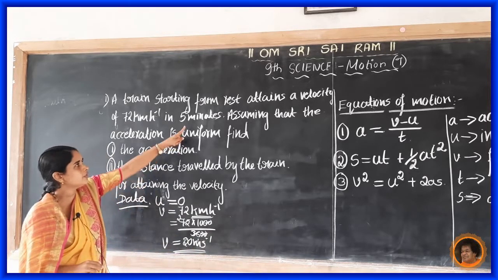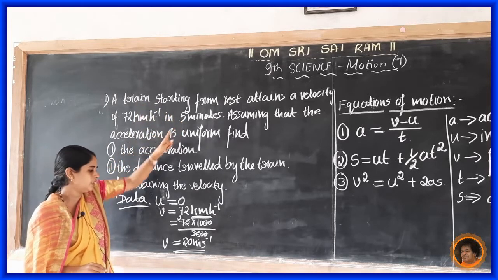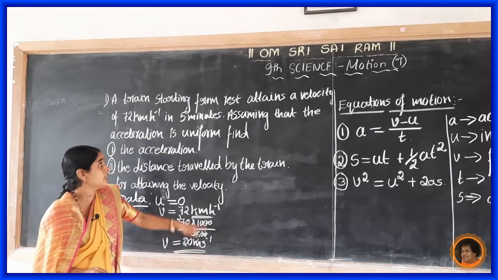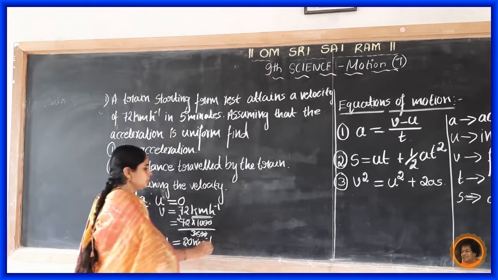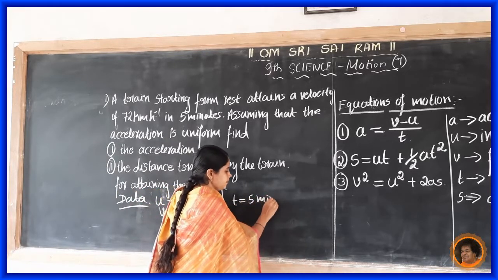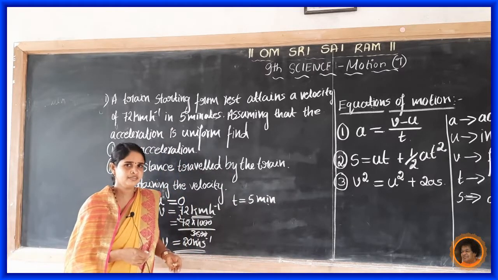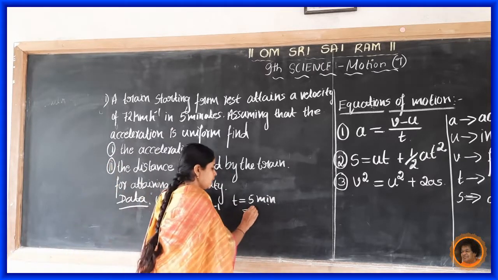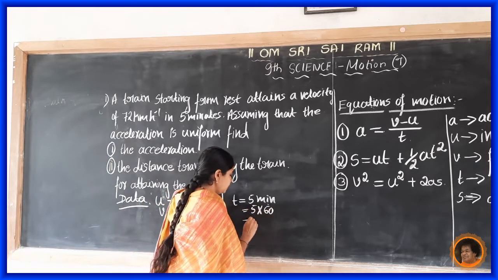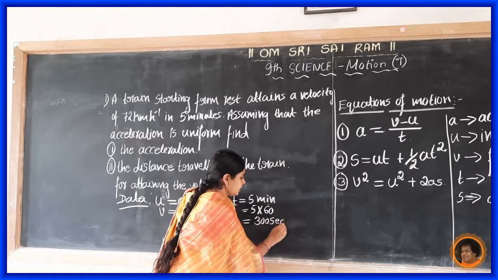And time is given: the train attains the velocity of 20 meter per second in 5 minutes. So t equals 5 minutes. Time is in minutes, convert this into seconds. 1 minute equals 60 seconds, so 5 into 60 is 300 seconds.